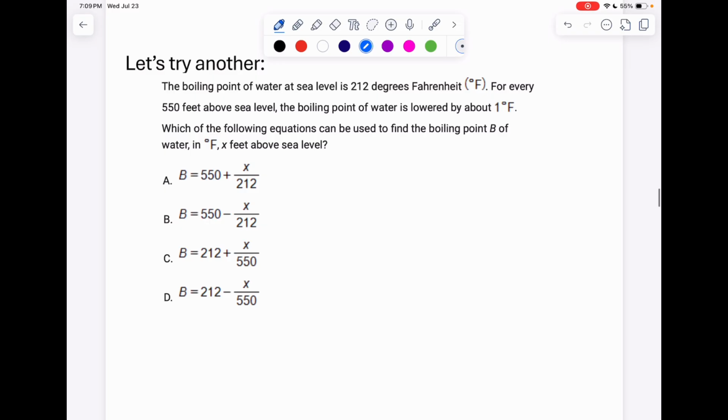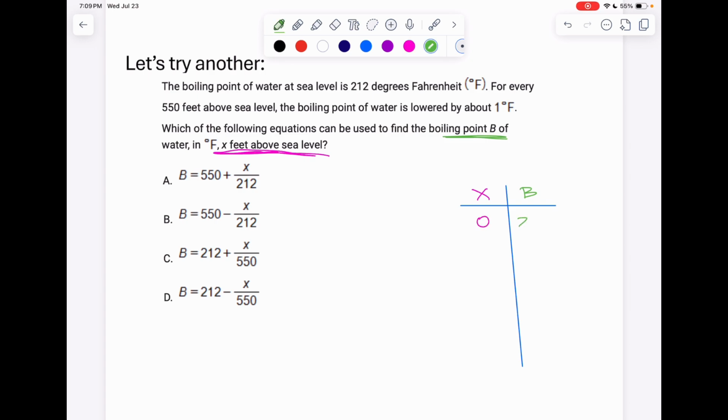So let's think about what's going on here, right? Let's just make a little T-chart for a second. We know where we're starting at, right? If x is our feet above sea level and our B is going to be the boiling point, well, when we're at sea level, our feet above sea level is 0.